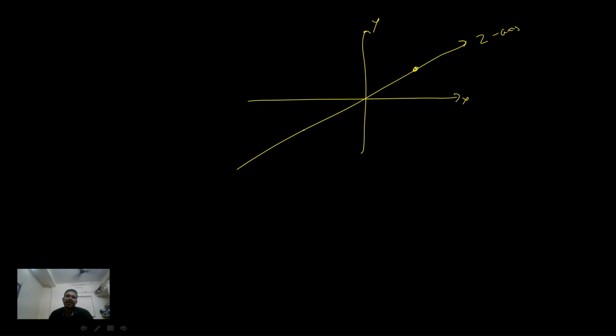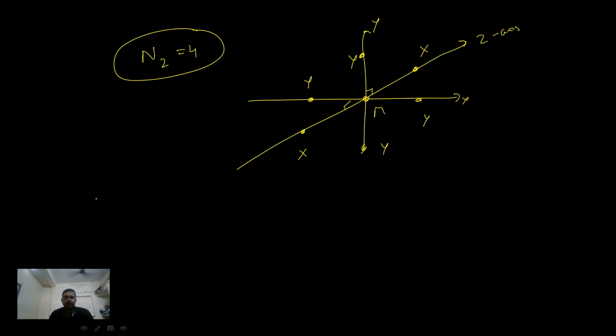So basically the X ligands are here, M is at the center, and we know they are perpendicular. So where is Y? Y is present on the XY plane, meaning there are 4 Y's present in the XY plane. So N2 is 4.